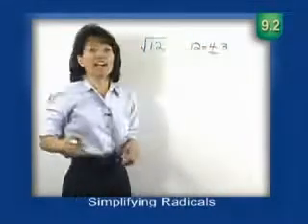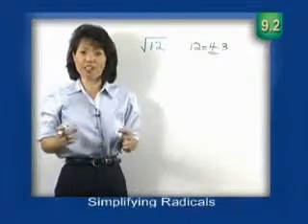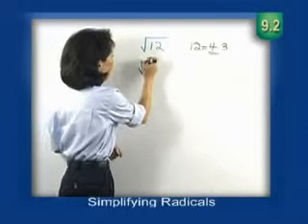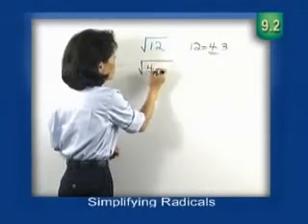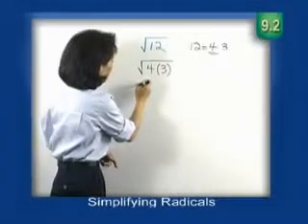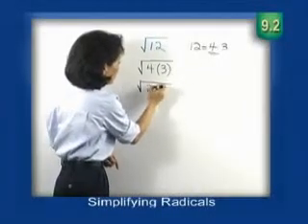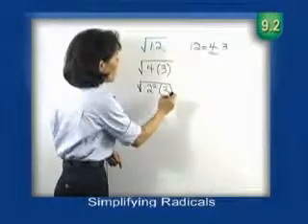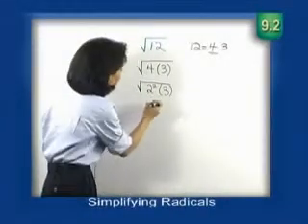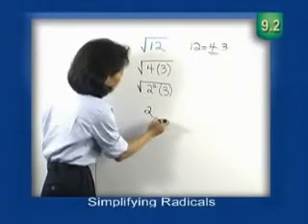The reason why I choose 4 is because 4 is a perfect square. I rewrite this expression as 4 times 3, which I know 4 is 2 squared. So this becomes 2 squared times 3. Whenever I have some number squared under the radical sign, it comes outside the radical sign.